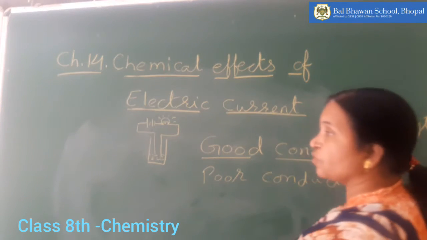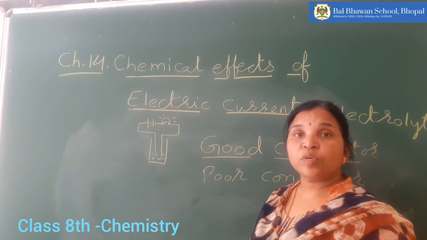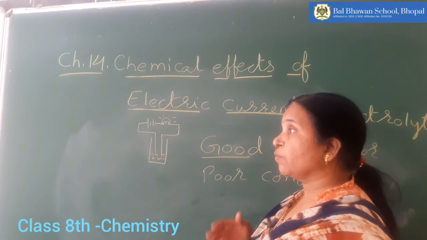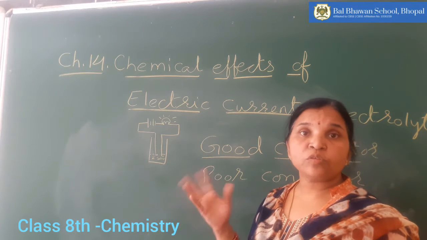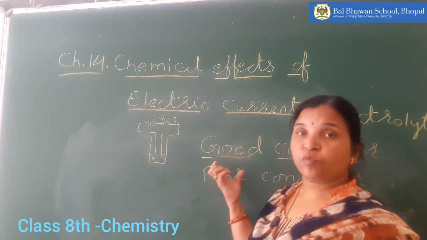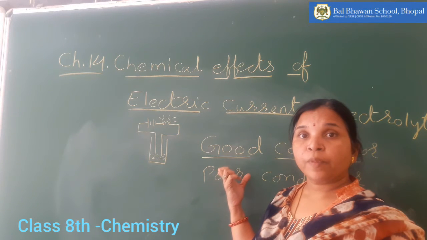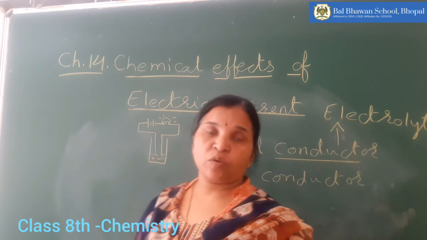Generally, the examples of these electrolytes are all aqueous solutions. It can be a salt solution, an acidic solution, or a basic solution, but it is an aqueous solution. Now you have to understand what we mean by aqueous solution.